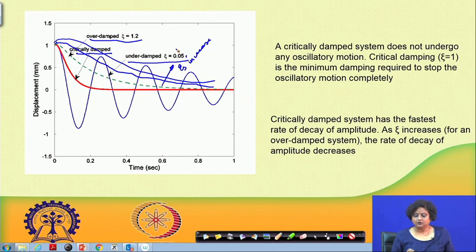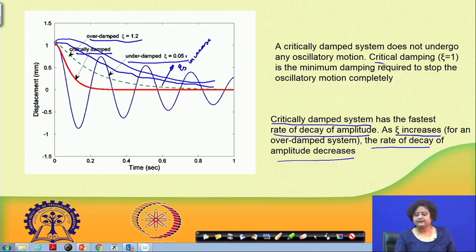Therefore, the critically damped system, or zeta equal to 1, has the fastest rate of decay. As zeta increases for an overdamped system, the rate of decay of amplitude decreases. Therefore, critical damping is the minimum damping required to stop the oscillatory motion and to obtain the fastest rate of decay.